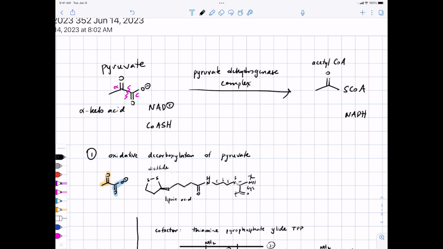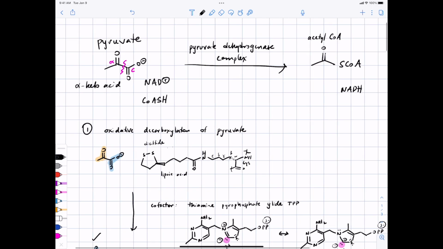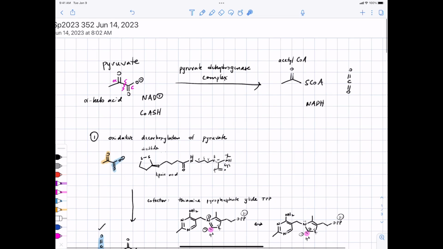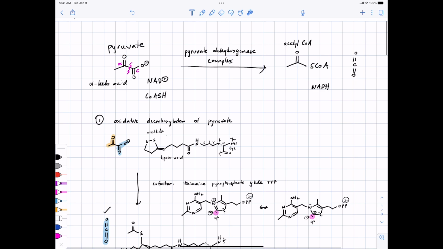And we talked about that last time. So we're using some cofactors to facilitate this process. And it is an oxidation process. You can tell it's an oxidation because you take NAD plus and go to NADH. NAD plus gets reduced to NADH.